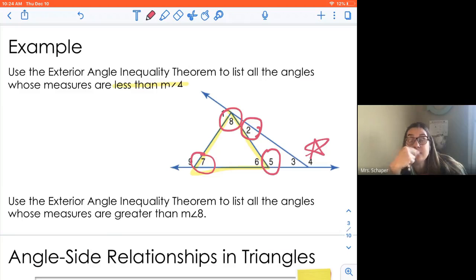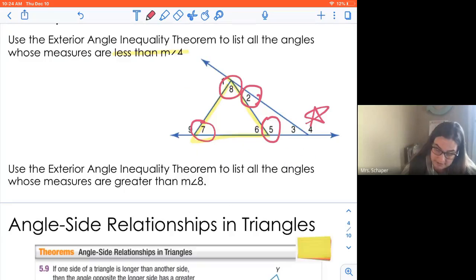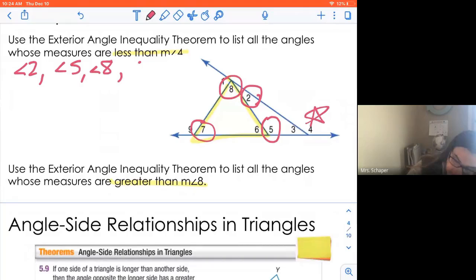So those are the angles that we can say are going to be less than 4. The next part says, use that inequality to list all the angles whose measures are greater than 8. So I'm going to write over here angle 2, angle 5, angle 8, angle 7.